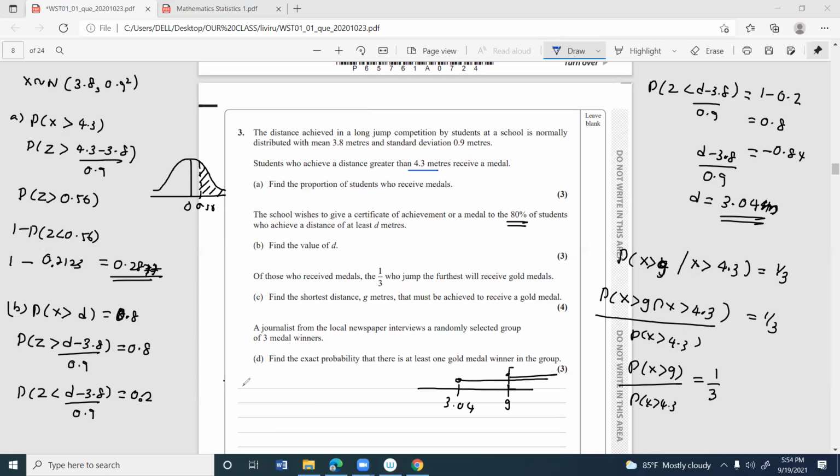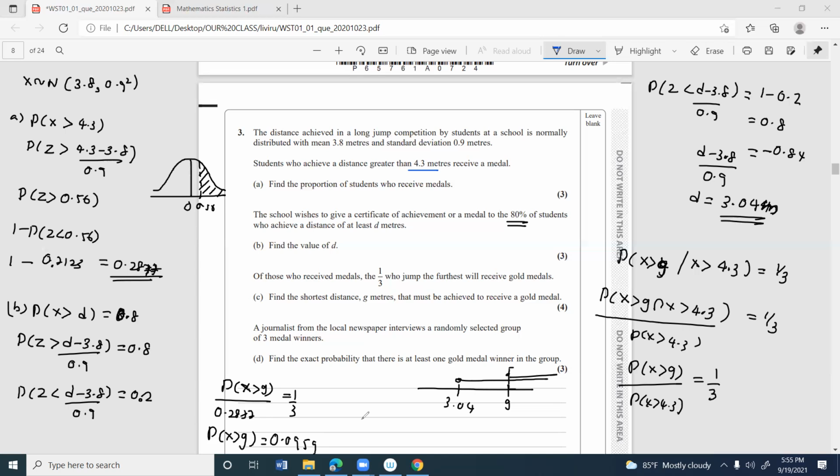Then probability of X is greater than G, with more than 4.3 put there. We already found that answer: for more than 4.3, we got the probability as 0.2877. 0.2877 equals 1/3, so X is greater than G is 0.2877 divided by 3, which turns out to be 0.0959.